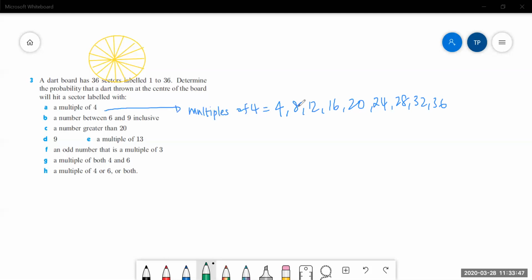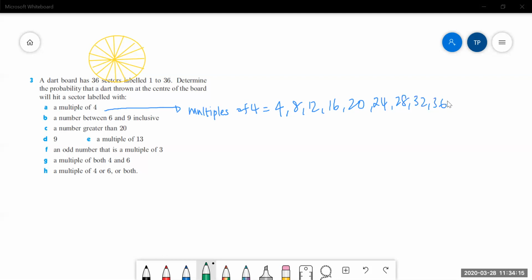Okay, so we have 1, 2, 3, 4, 5, 6, 7, 8, 9. Can you see my mouse moving? Yes, a bit slow, but I can see it moving. So we have 9 multiples of 4.